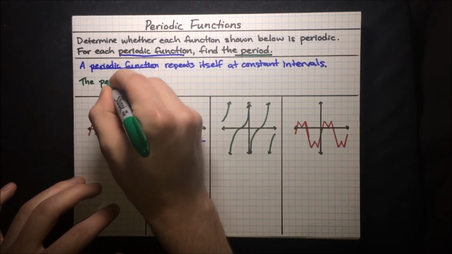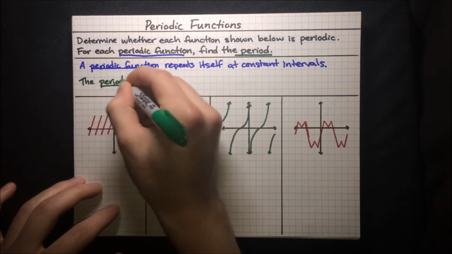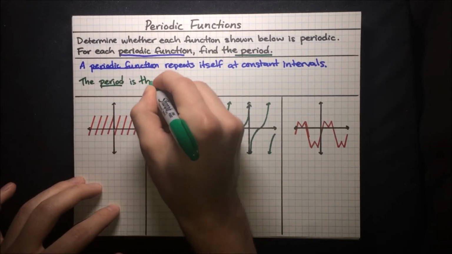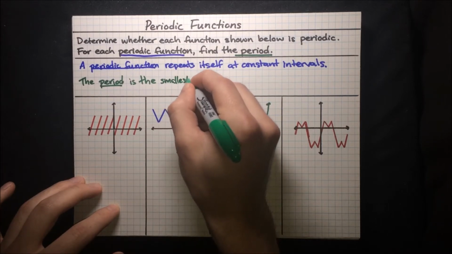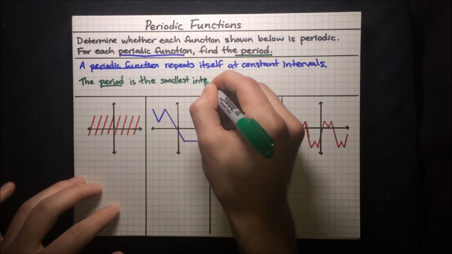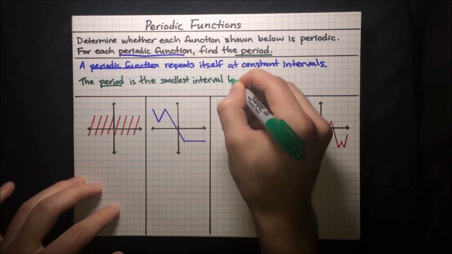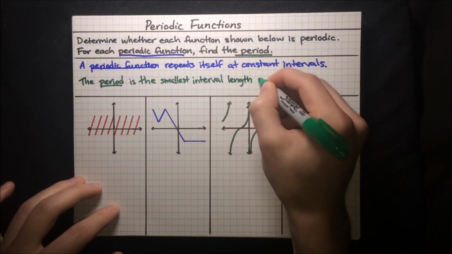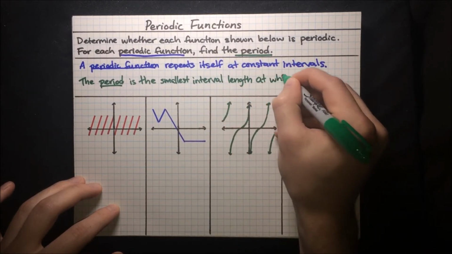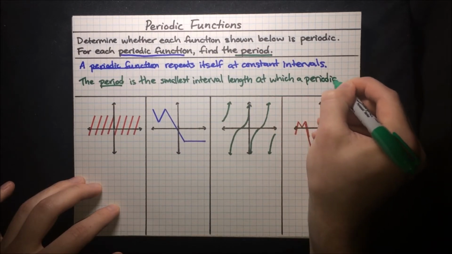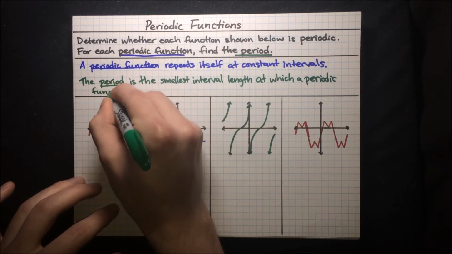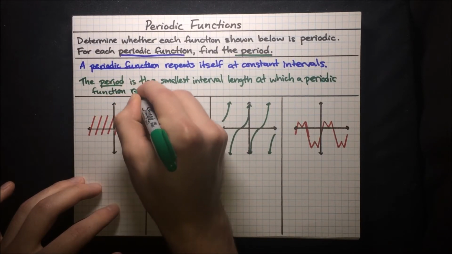The period is the smallest interval length at which a periodic function repeats.